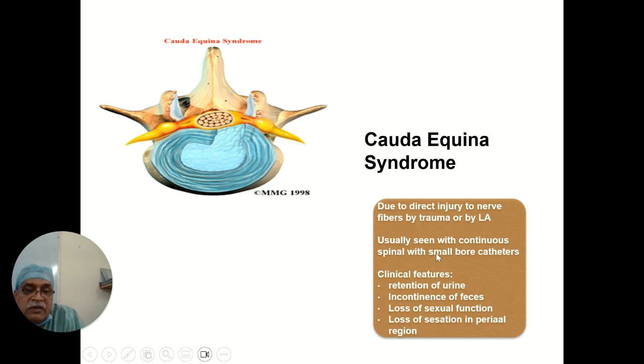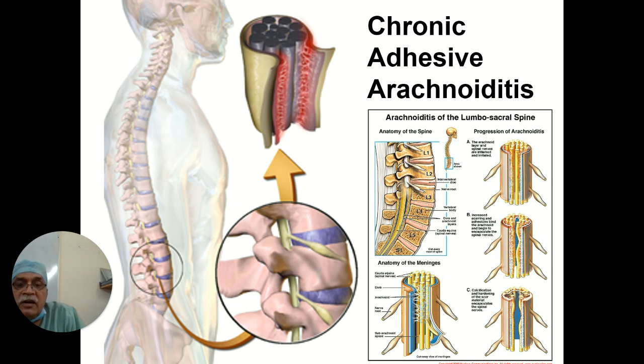Because of that, microcatheters were abandoned, and with the help of present day spinal catheters, it is very rare. Chronic adhesive arachnoiditis can occur in patients when you are dealing with drugs with preservatives in the subarachnoid space.